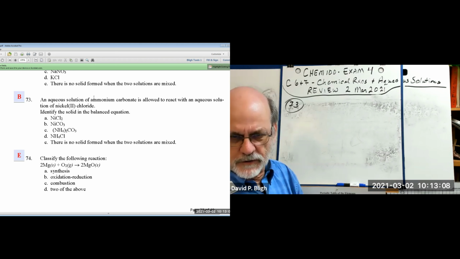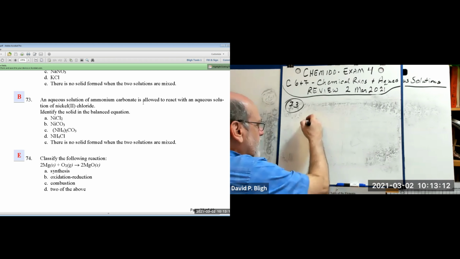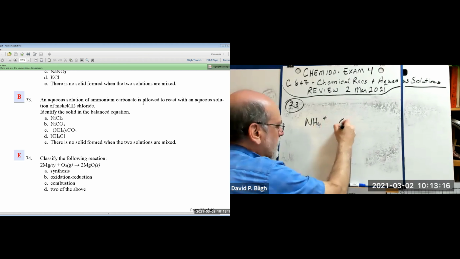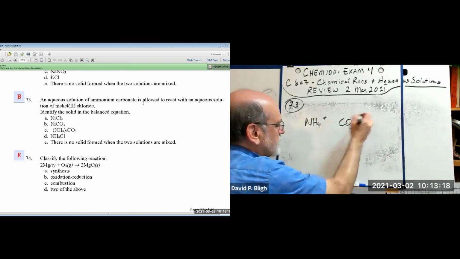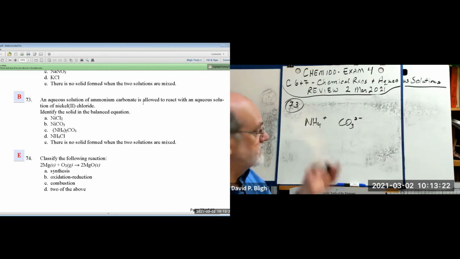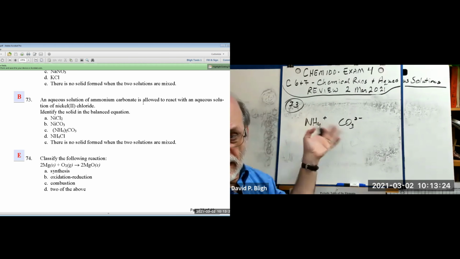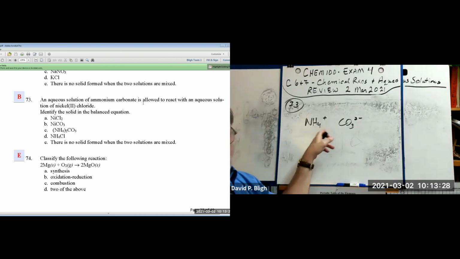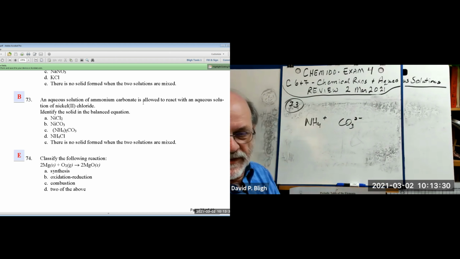So if you're taking ammonium carbonate, ammonium is like this, carbonate is like that, right? We don't even have to write the compound correctly. We'd need two of these to go with that, of course. But then you react it with nickel 2 chloride.